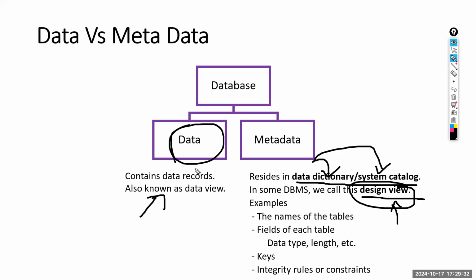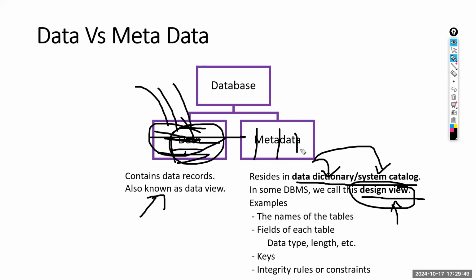When you are developing software with PHP or Python, basically you are sending SQL queries to work with data, not with metadata. But when you write a query, you must be aware of the metadata. What are the table names? What are the field names? Otherwise, your SQL will fail. So you must be aware of both data and metadata.